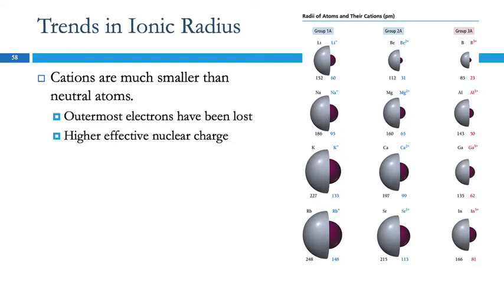It actually gets a heck of a lot smaller, because you've lost the entire valence shell, and so you're going down a level. And so what we see is that cations are roughly half the size of the atom. So removing a couple of electrons, removing the valence shell, makes them much smaller.